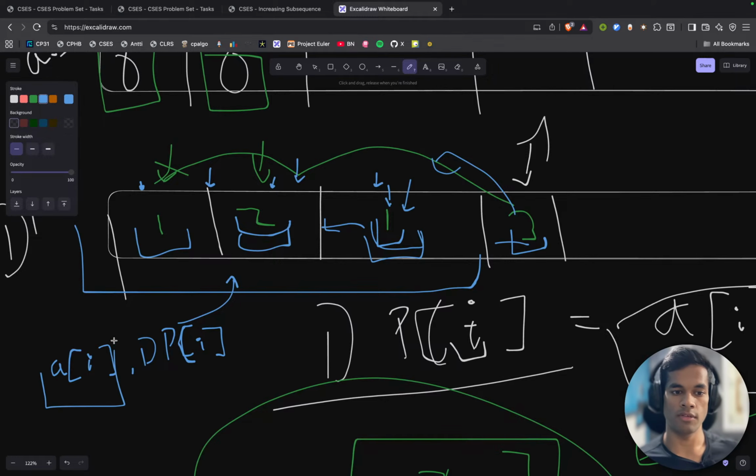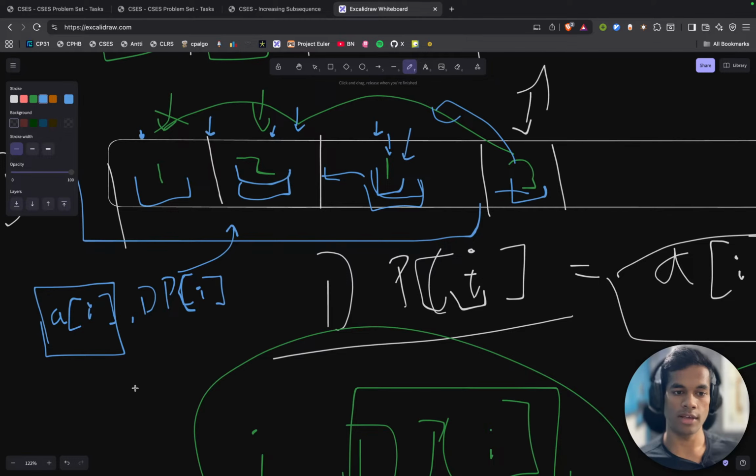Only one condition has to be true. Let's say I'm currently at a number, let's call it X. What I need is a i to be smaller than or equal to X, first thing.